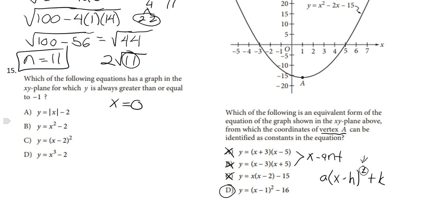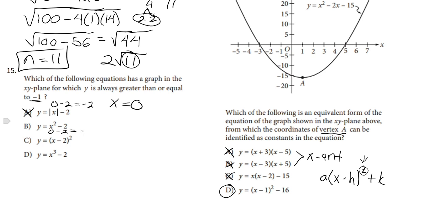If we plug it into A, we're going to have 0 minus 2, which is -2. We're looking for something that has -1 or greater. And -2 is less than -1, so it can't be A. If we plug it into B, 0 squared is 0.